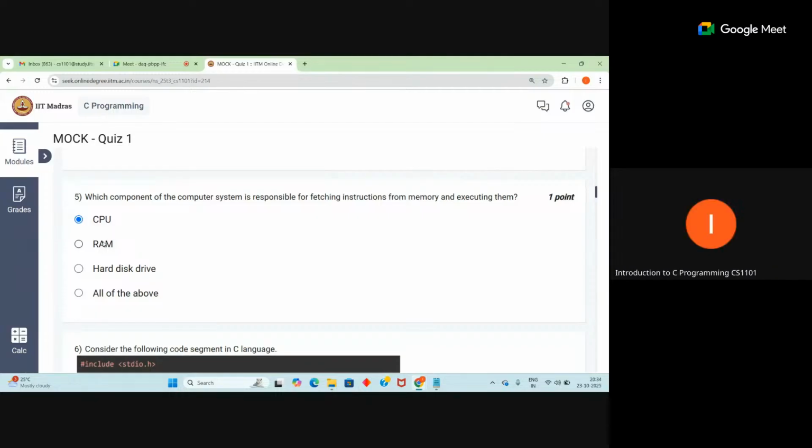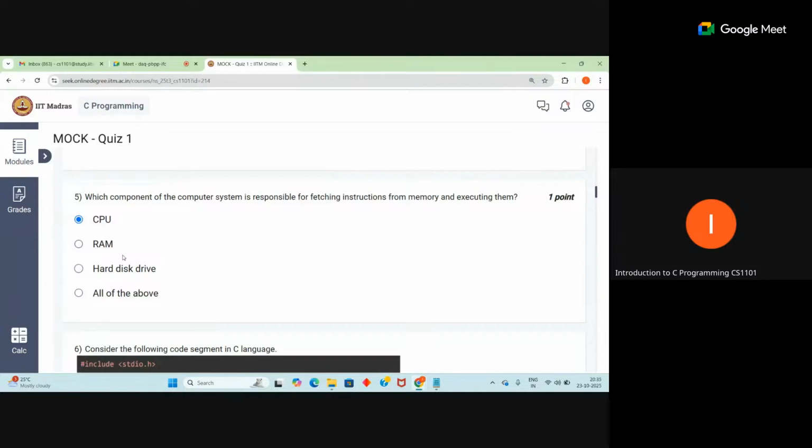No. So when you want to execute something, your computer can execute your code only when it is in the main memory. That main memory is nothing but RAM. If it is there in the secondary storage, like in your hard disk, your CPU cannot execute that code.